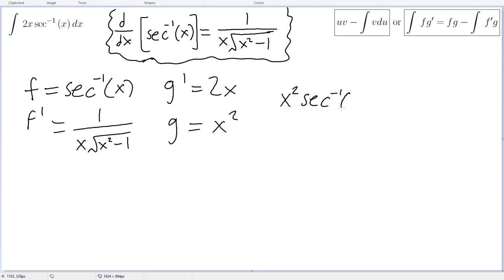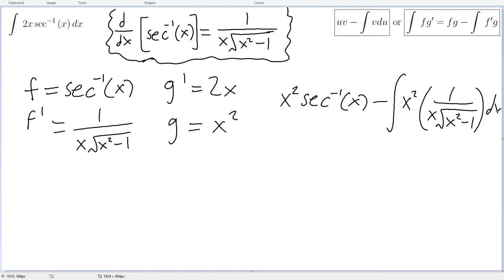So x squared inverse secant minus the integral of x squared times 1 over this. What's awesome about this is that we can simplify it. This x squared and this x here cancel out, so this is our simplified form. I'm just going to rewrite it.